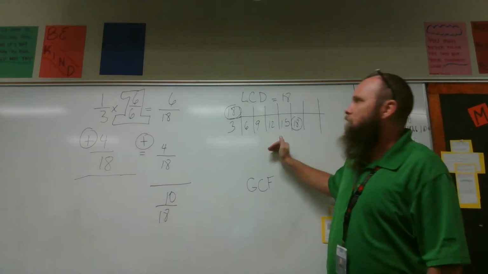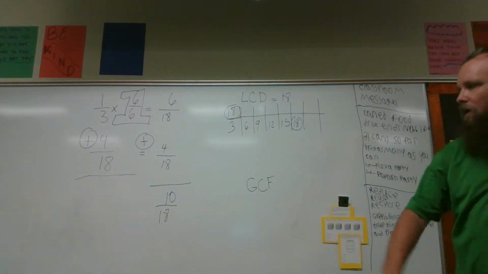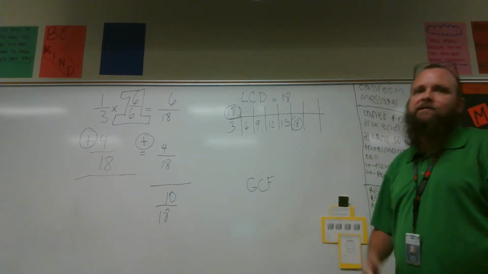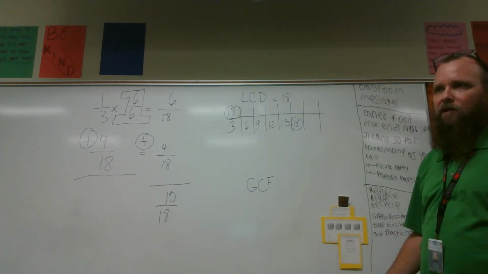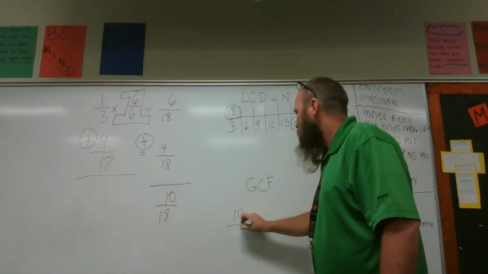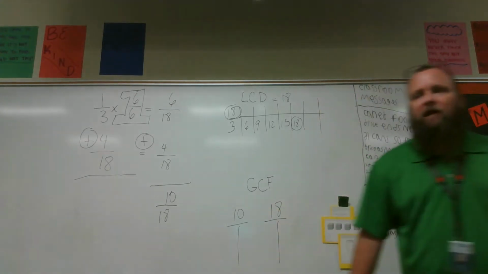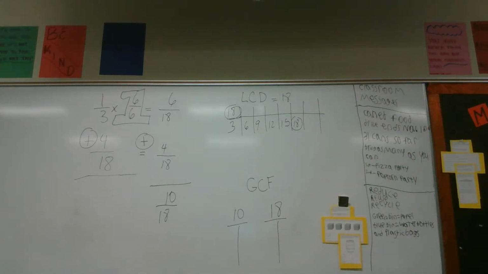Okay, so we found the least common denominator. We made equivalent fractions using that least common denominator. Now we must see if we can simplify that fraction. To simplify a fraction, I take my numerator and my denominator, and I find all of the factors of those.